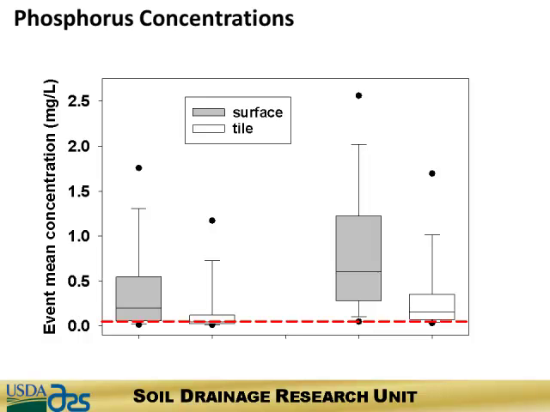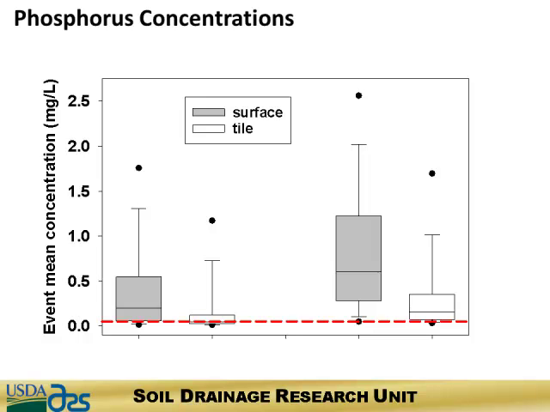So if we look at this, what do we first see is the phosphorus concentrations. I don't know why they didn't show up, but on the left hand side is the dissolved phosphorus. The right hand side, the two graphs on the right hand side, are total phosphorus. But the left hand side, if we look at that graph, the concentrations coming out of the tile, the median concentration.